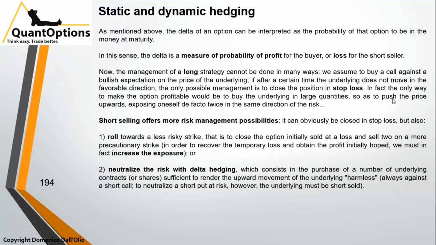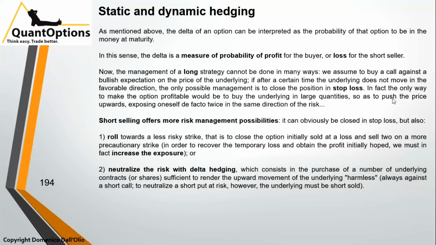Static and dynamic hedging. As mentioned above, the delta of an option can be interpreted as the probability of that option to be in the money at maturity. In this sense, the delta is a measure of probability of profit for the buyer or loss for the short seller. Now, the management of a long strategy cannot be done in many ways. We assume to buy a call against a bullish expectation on the price of the underlying.